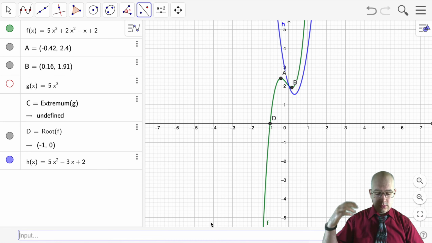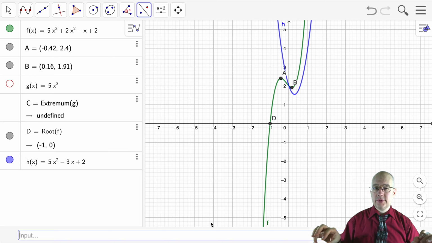So the cubic has to have a real root for that reason. Also, if you think about it, it's going to change for very large x.